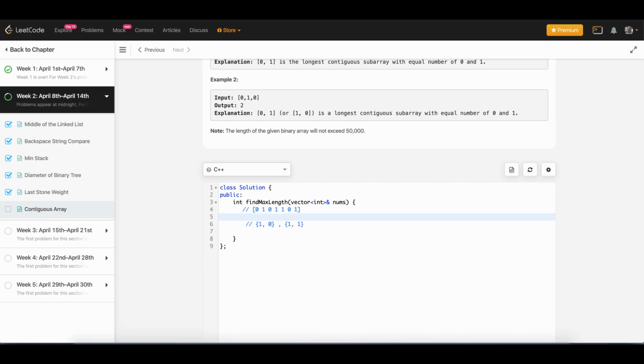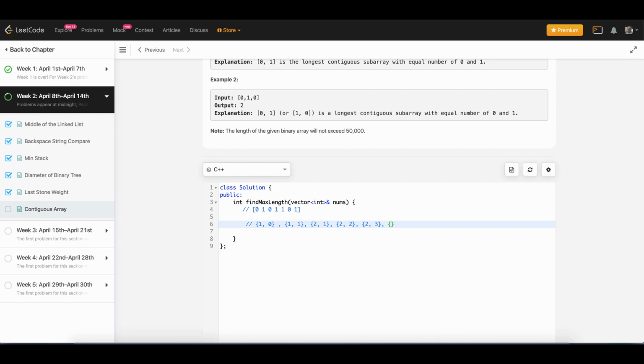In the third position we see that total number of 0 is 2, total number of 1 is 1. In the fourth position, total number of 0 is 2 and 1 is also 2. In the fifth position, total number of 0 is 2, total number of 1 is 3.